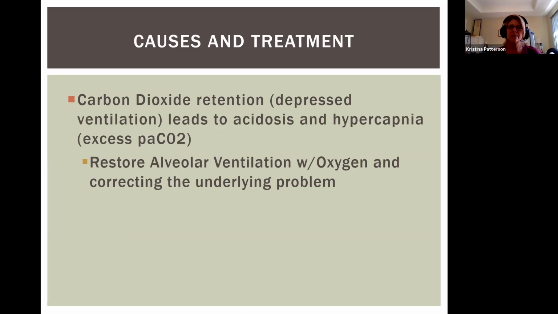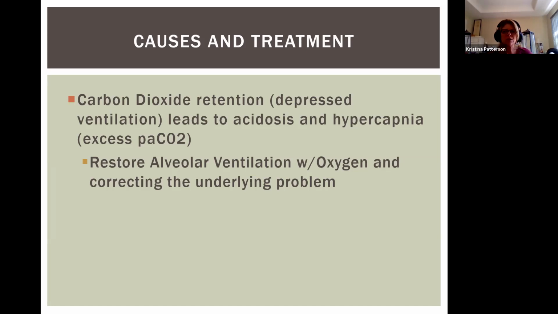And basically this will lead to hypercapnia, which just basically means an excess PaCO2. And these patients are going to be really tired. That's why your PCA patients don't wake up and tell you that they're having trouble breathing, because the more the PaCO2 is retained, the CO2 is retained, the more tired they get.